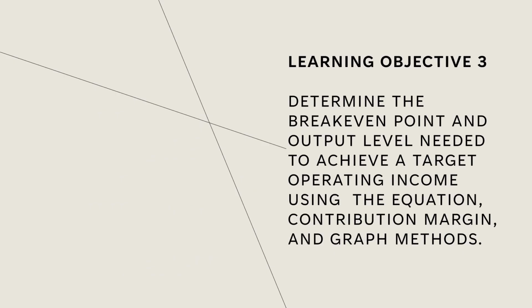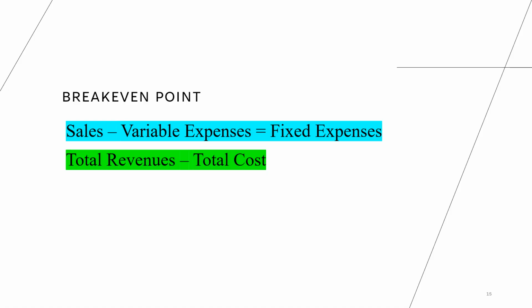Okay, now let me refer to this learning objective: determining the break-even point and output level needed to achieve a target operating income using the equation, contribution margin and graph methods. So this is the formula for break-even point: this is the total revenue and this is the total cost.